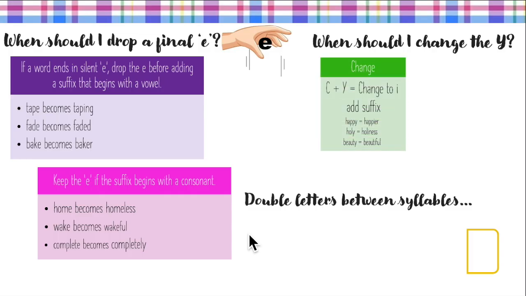We're going to change the Y to an I when we're adding a suffix on, usually, because the Y doesn't really fit in with the suffix.